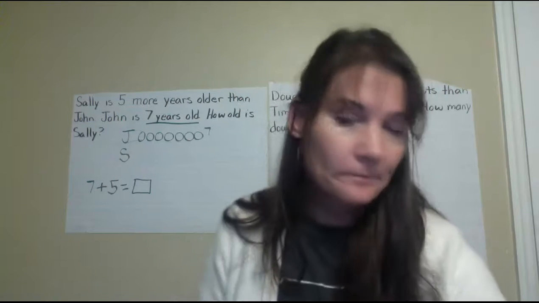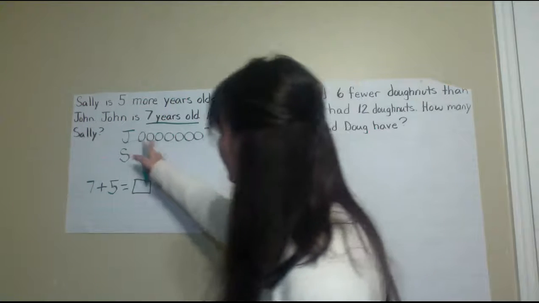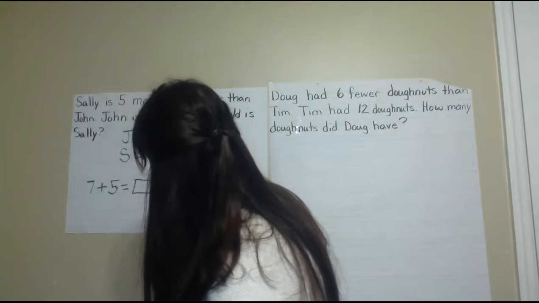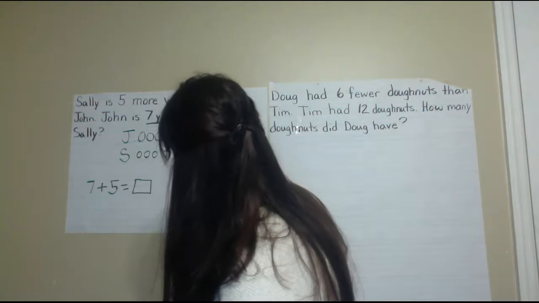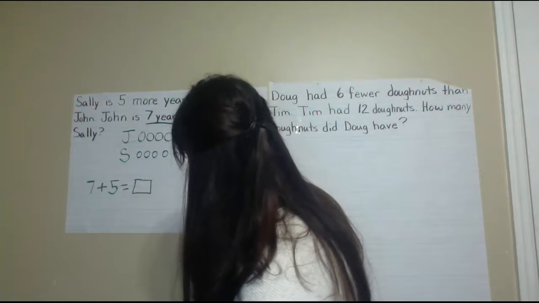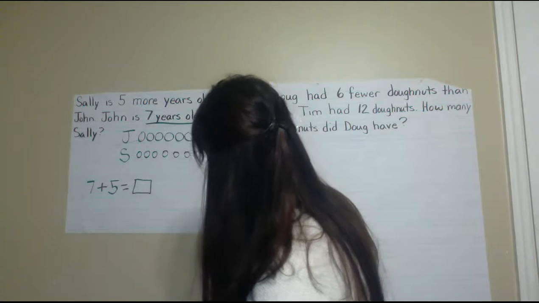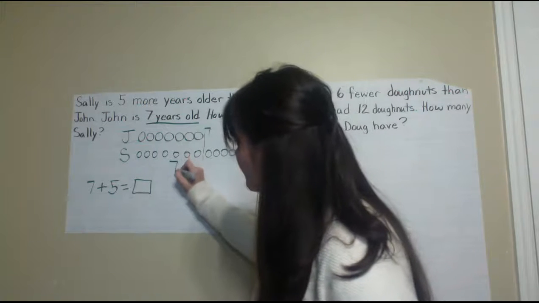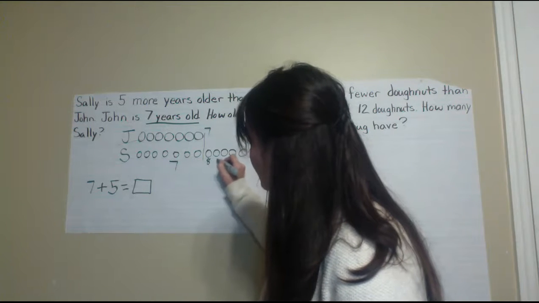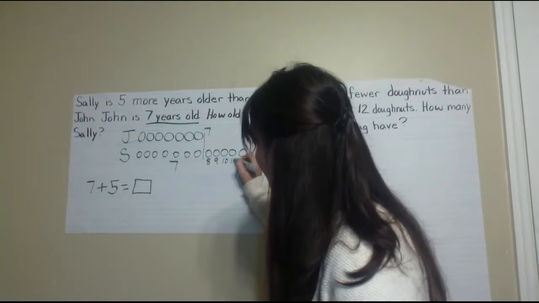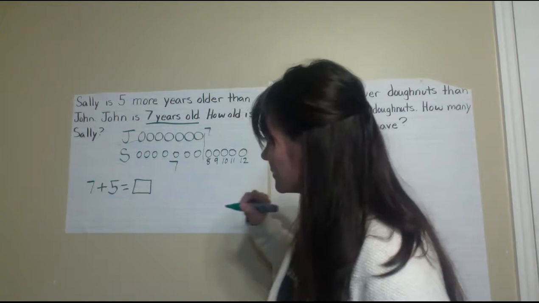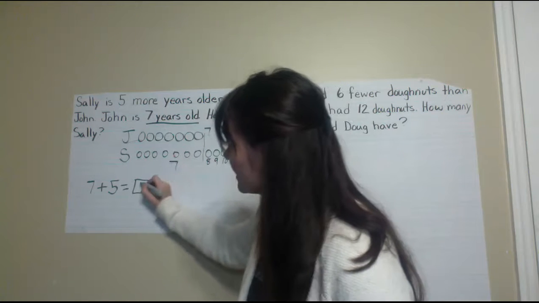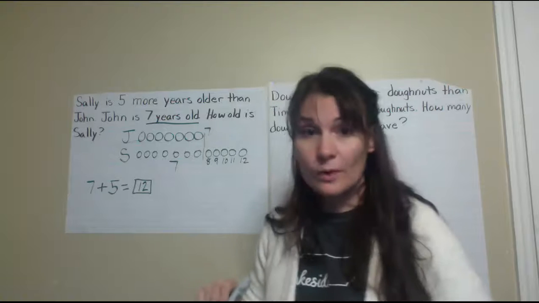Let's do that on our paper. Here I have John, and I know Sally is at least 7, but she's also 5 more. That's our 7, and that's 5 more. So 7, 8, 9, 10, 11, 12. So Sally is 5 more years older than John, and she is 12.